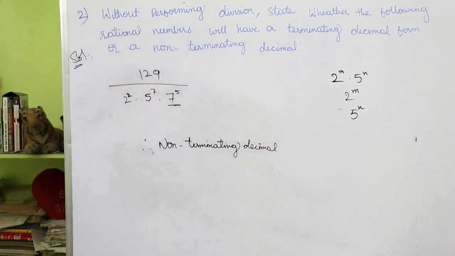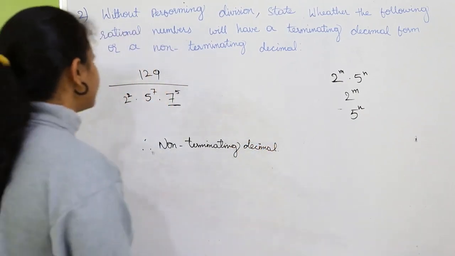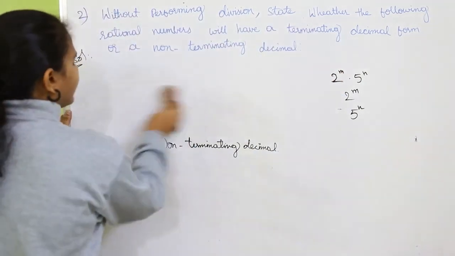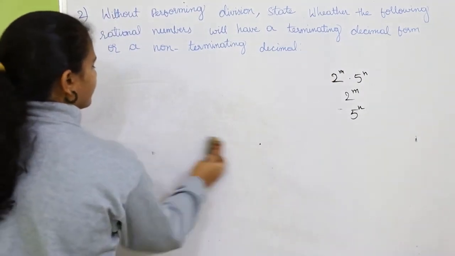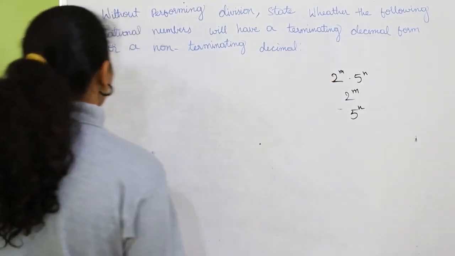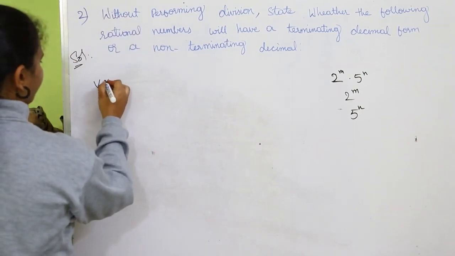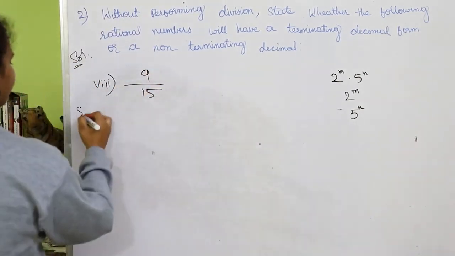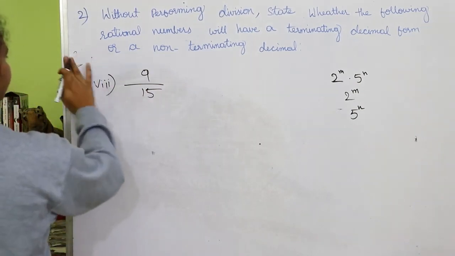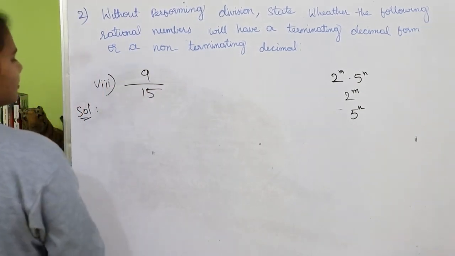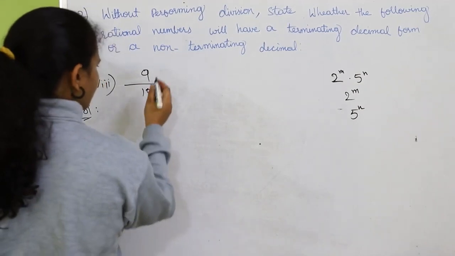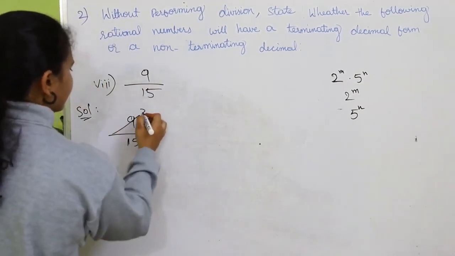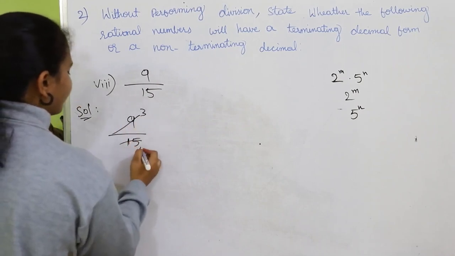Clear? Very good. Now done with the 7th one, 8th one. 9 by 15. Now when it is 9 by 15, this can be written as 3 times 3 are 9, and 3 5s are 15.